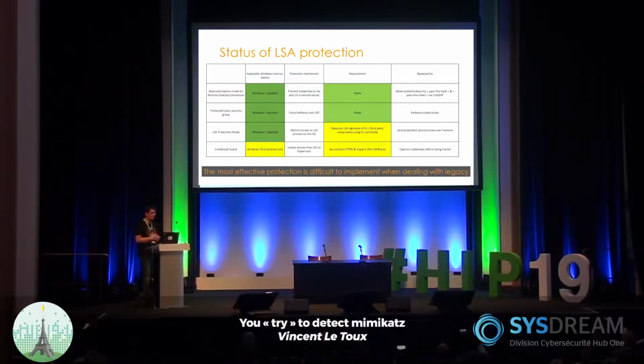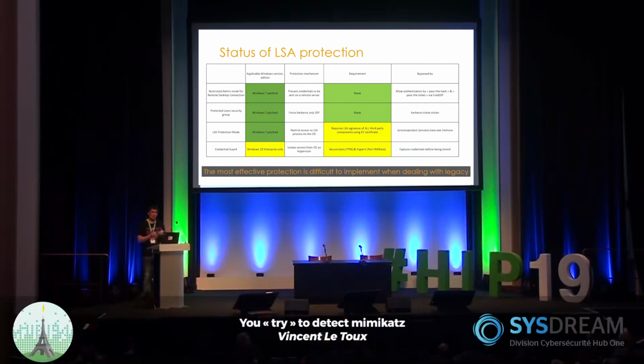And I'm trying to make a table of protection measures. I won't go into the detail. The idea is to show the colors. So you can see on the left part, you have the requirements. So most of the security measures are applied up to Windows 7.